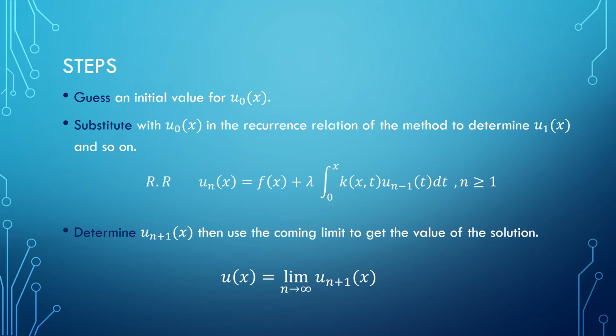In the end, I'll get the value of u of x, which is the solution, and this is by getting the value of un plus 1 of x, and then taking the limit of un plus 1 of x, where n approaches infinity, and this is our solution.